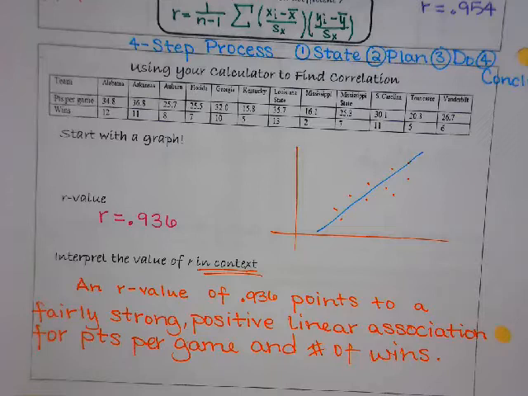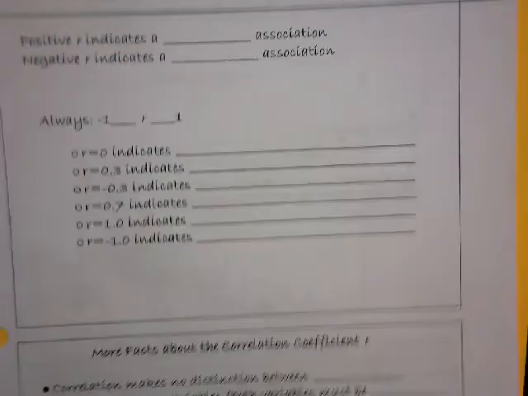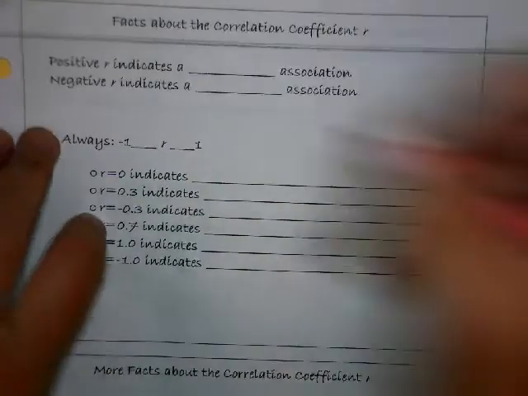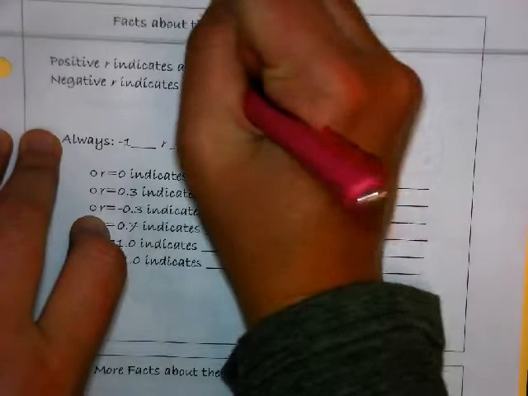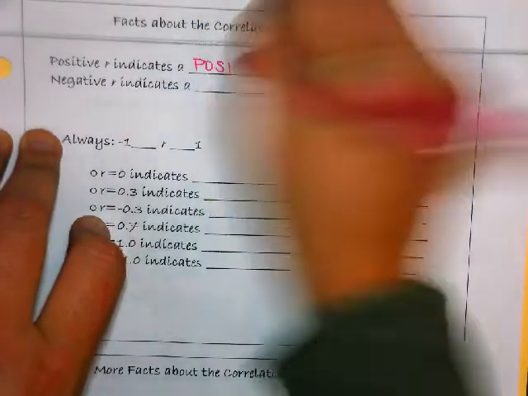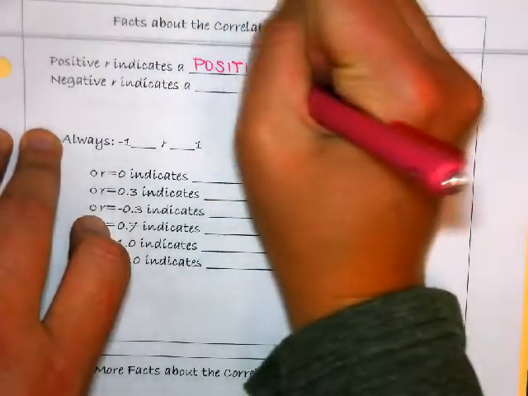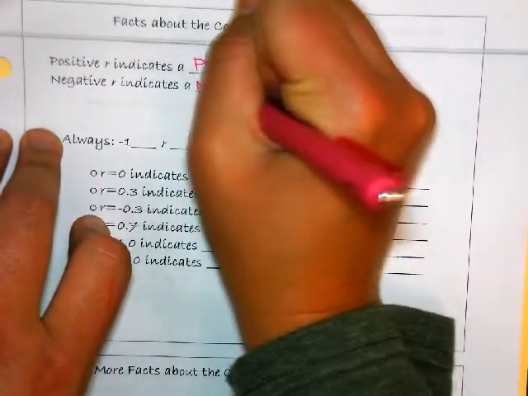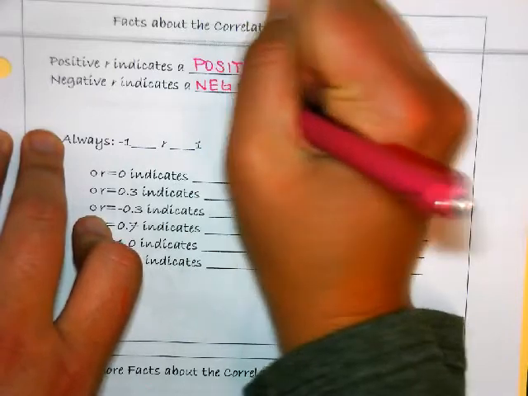So, like I said, if your R is positive, that means you have a positive association. If your R is negative, that means you have a negative association. R lives between -1 and +1.